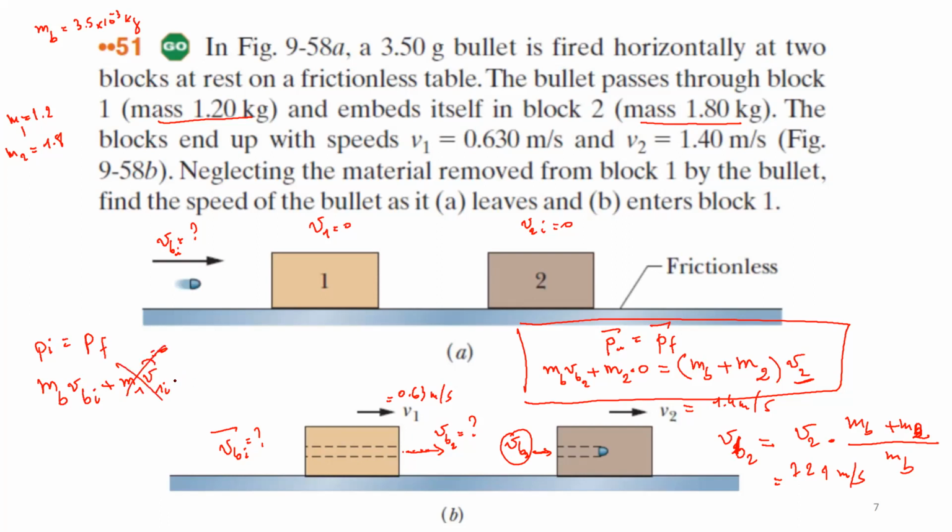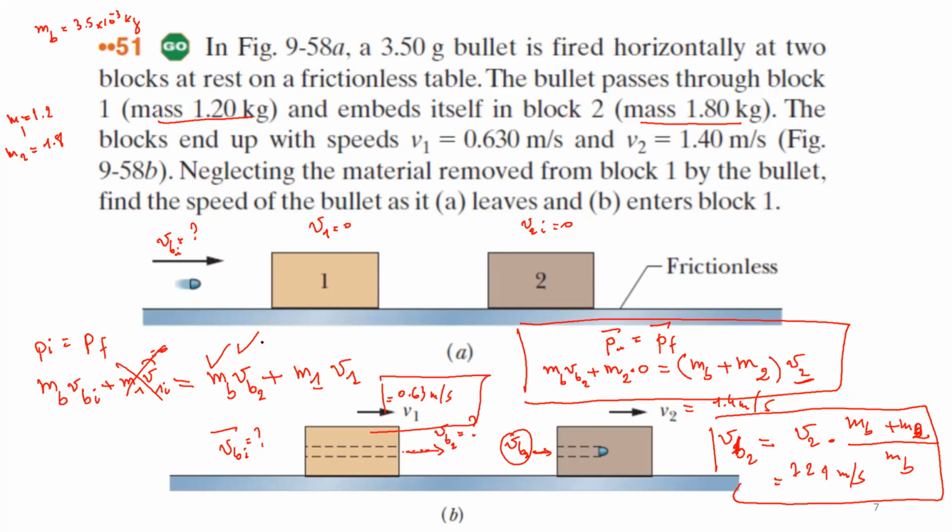So this is 0. And this should be equal to the mass of the bullet multiplied by VB2 that I already found. So I know the mass of the bullet, I know VB2. VB2 is from the previous question. Plus the mass of block 1 multiplied by V1. And V1 is here.